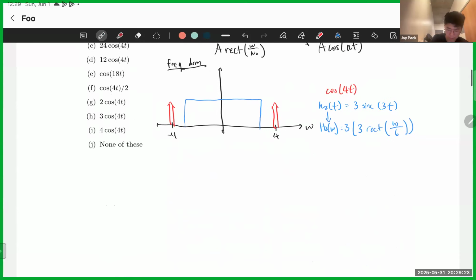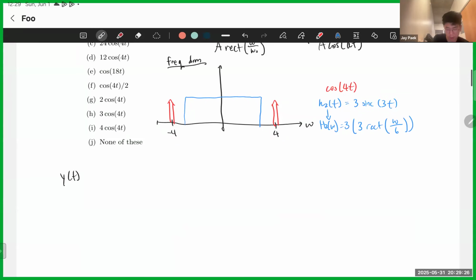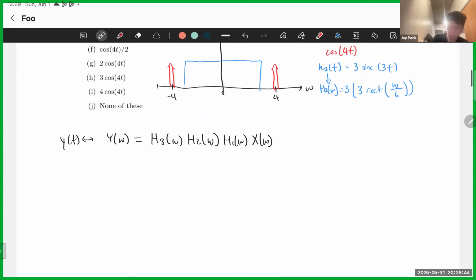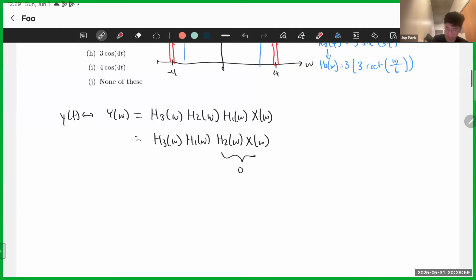And observe that y of t is our output, right? And y of t has a Fourier transform y of omega. And we know that by cascading, we can just multiply all these together. By the commutative property of multiplication, we can just rearrange the products and realize that this is just 0.